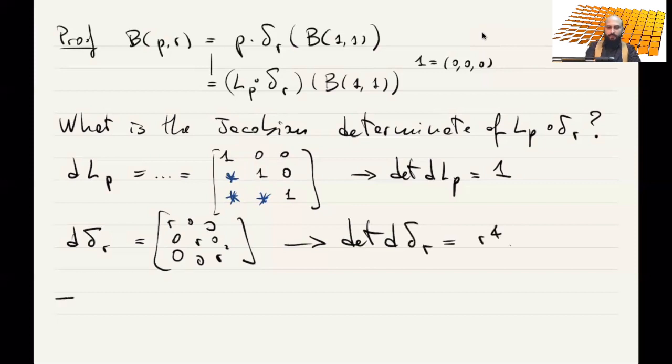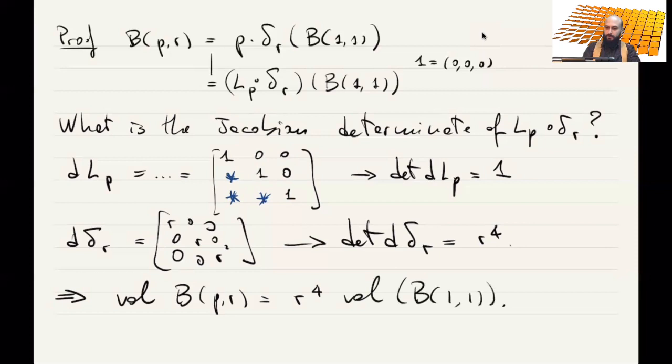So we have that the volume of B(P, R) is equal to R to the 4 times the volume of the ball centered at the origin, radius 1.